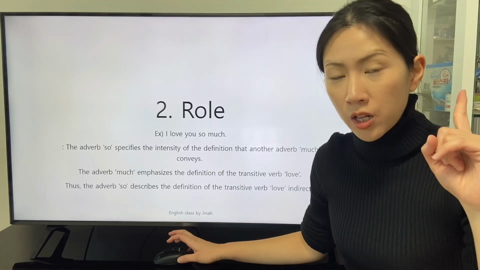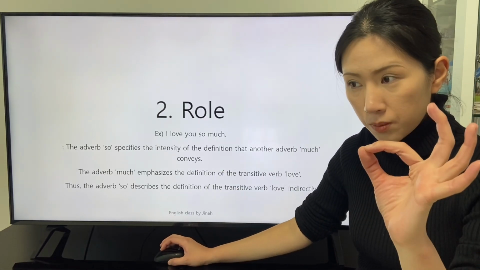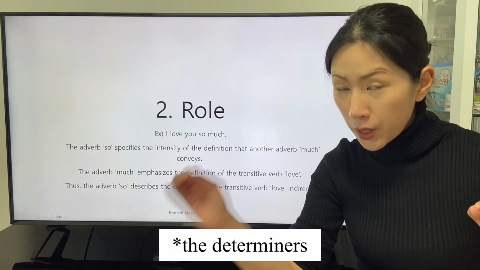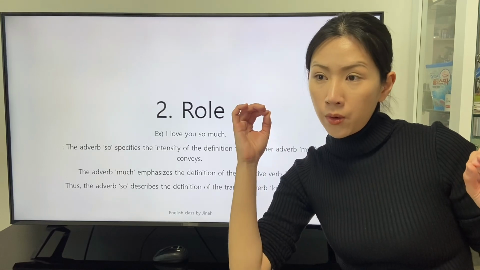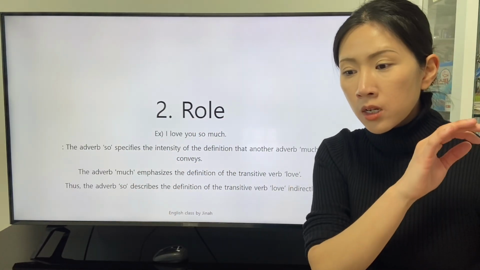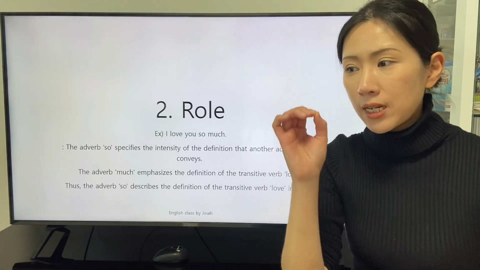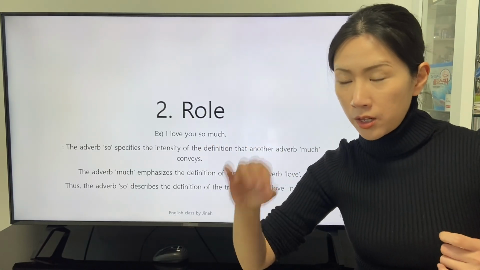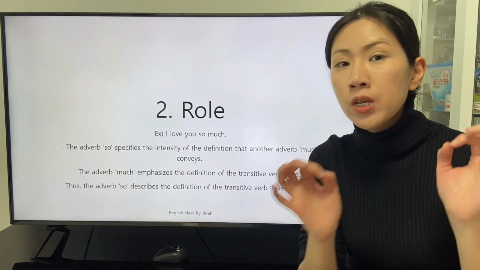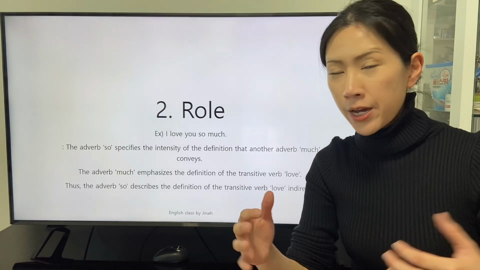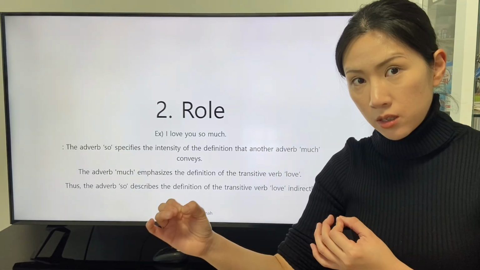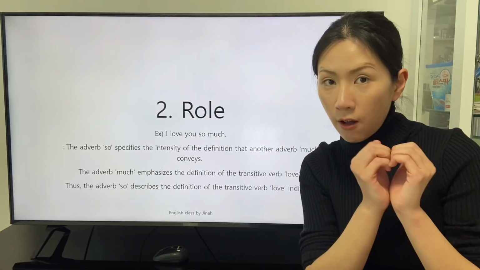The first adverb, much, which is introduced as one of, also has a trait as an adverb. The adverb much describes the definition of the transitive verb love. So the listeners can figure out the intensity of the definition of the transitive verb love.